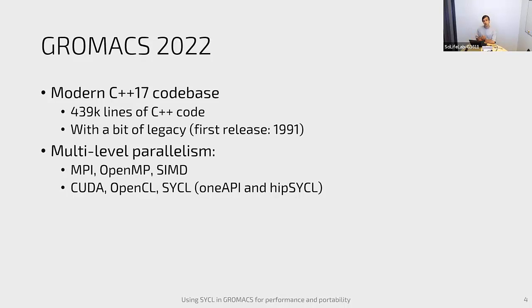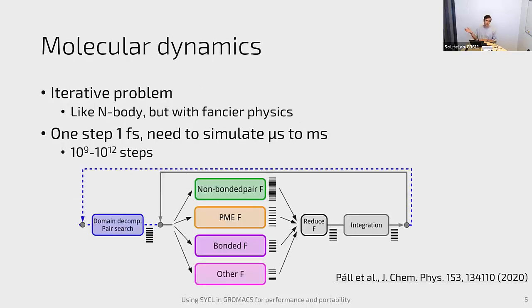And of course, to run on big cluster machines, we support MPI for multi-node parallelism, but we also support OpenMP for parallelizing the workload within one node, and SIMD for effective use of each CPU core. And for supporting GPUs, we have CUDA, OpenCL, and since recently, SYCL, which is the focus of today's talk.